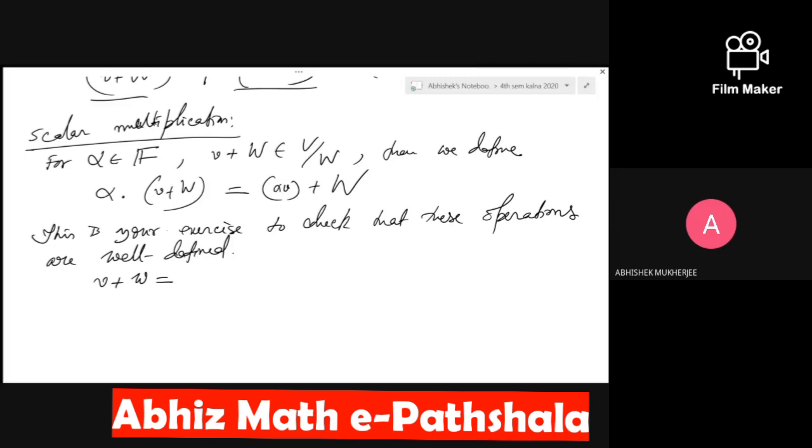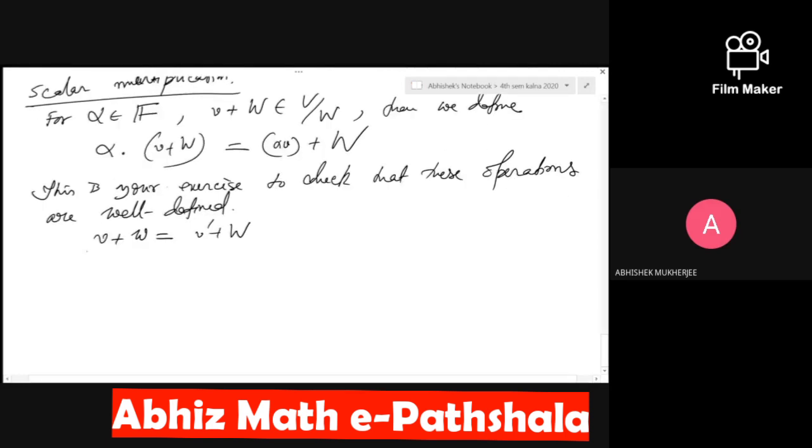Let us have a look at the scalar multiplication. Suppose we are considering two cosets, one is v plus W, another is v dash plus W, but we suppose that these two cosets are the same. If they are the same, then if we multiply both scalarly with alpha, the resulting cosets will also be the same.